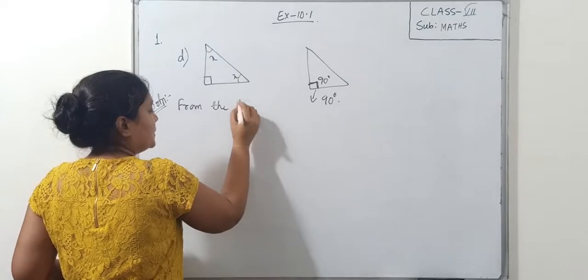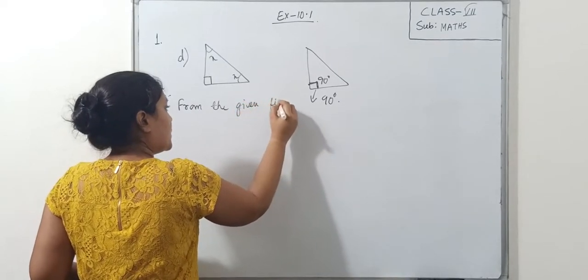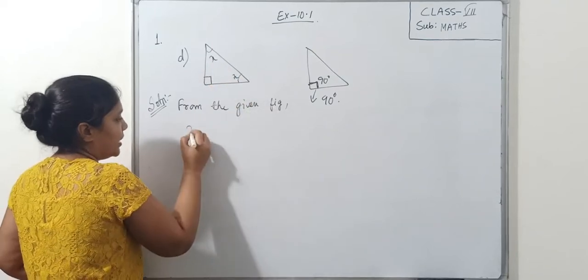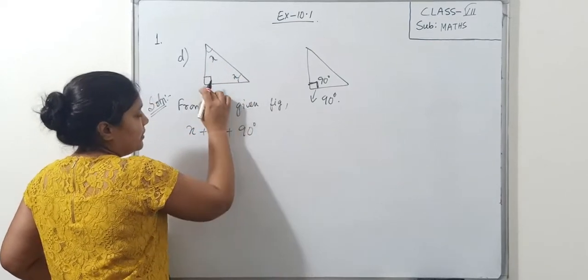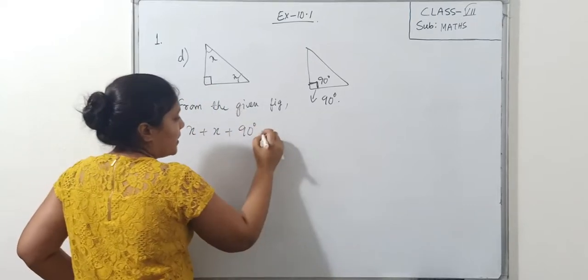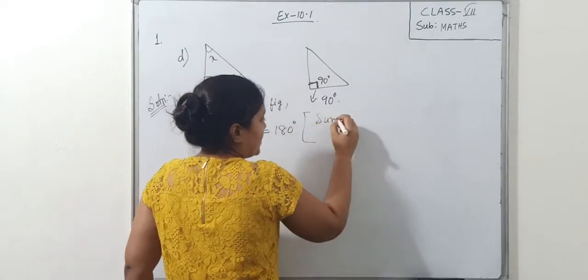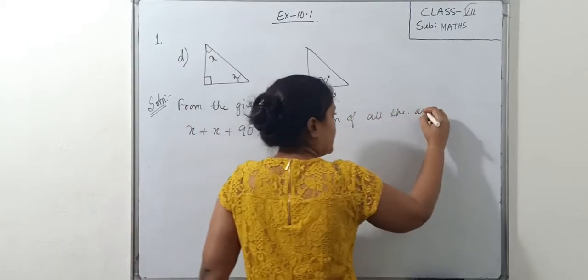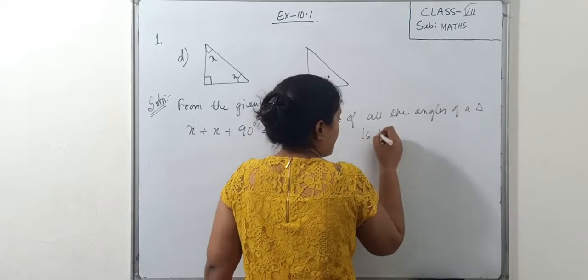Now from the given figure, let us find the value of x. From the given figure, what are you finding? x plus x plus 90 degrees equals 180 degrees. What reason do you have to write here? Sum of all the angles of a triangle is 180 degrees.